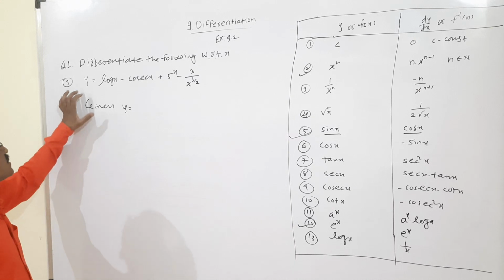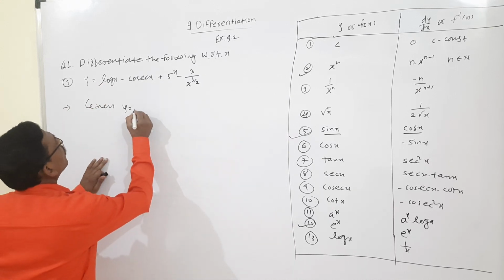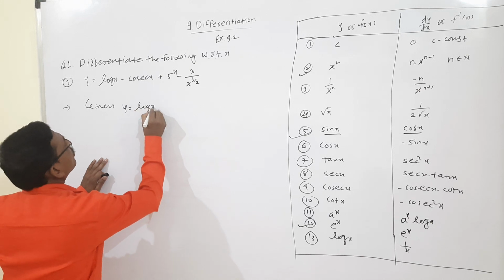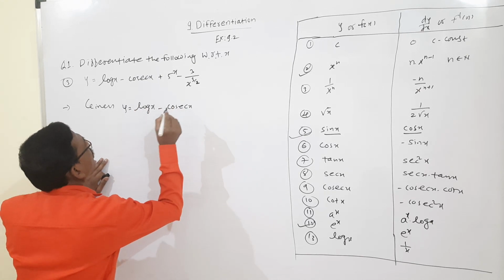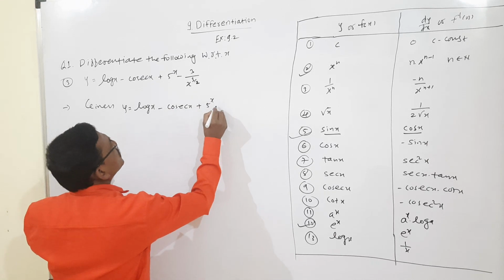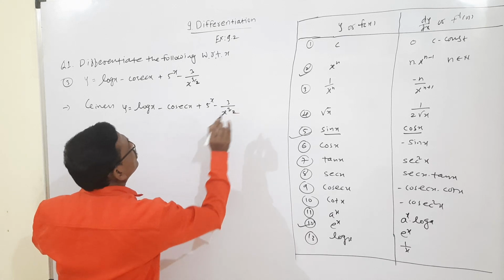Now we will take example number third. Given y equal to log x minus cosec x plus 5 raised to x minus 3 upon x to the power 3 by 2.